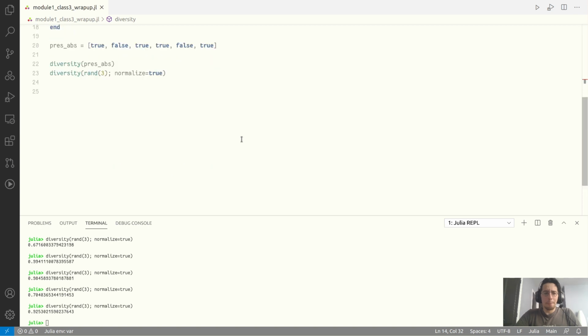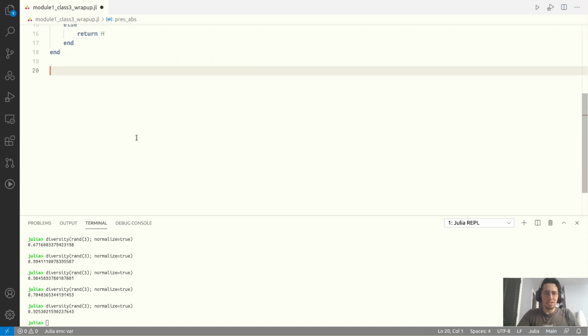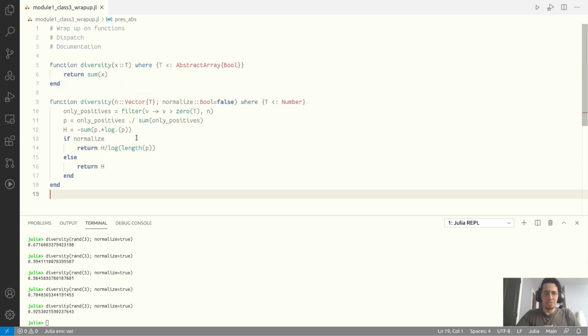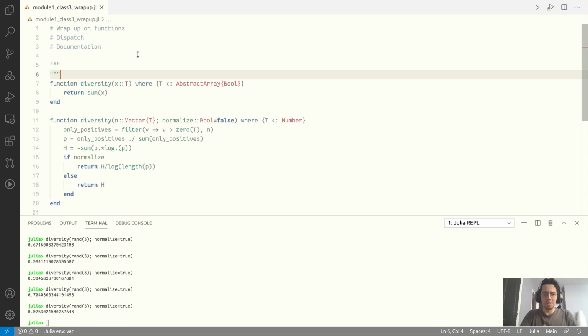So let's get rid of that for a minute and focus on our functions. One of the issues that we might have is that we have essentially one keyword, diversity, that does multiple things. And we would like to know what these things are. And so one thing that is very important is that we can write documentation for the function.